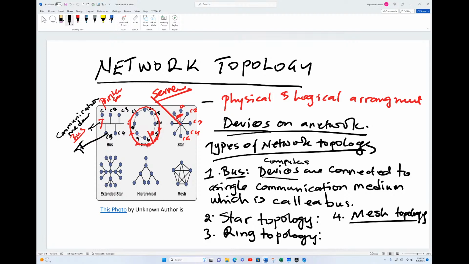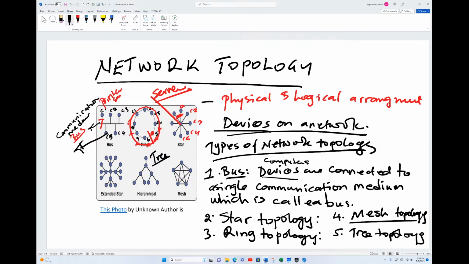The other type of topology is a hierarchy, sometimes called the tree topology. With this type of topology, things are done in hierarchy form, like a combination of the bus and the star.